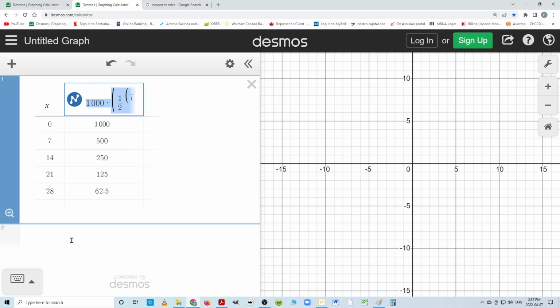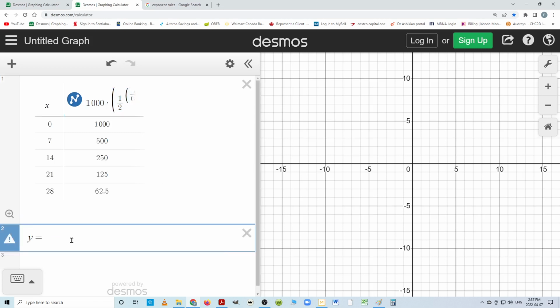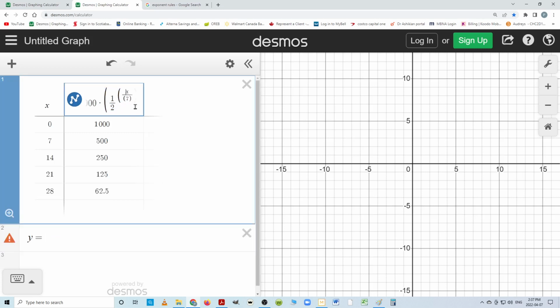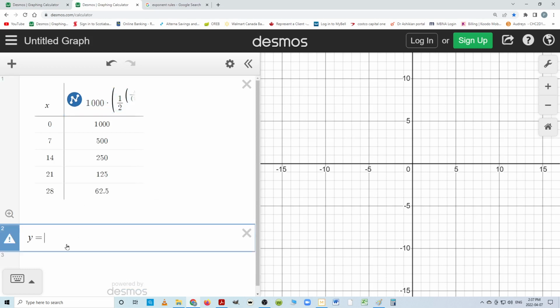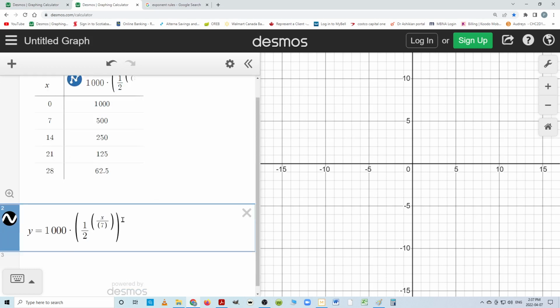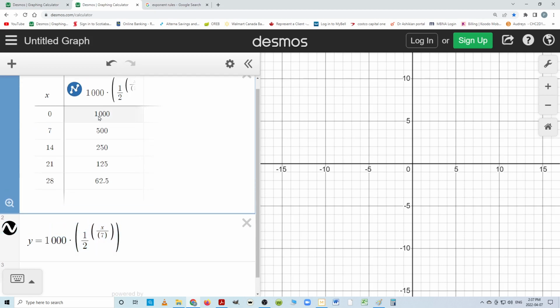Let's put it here. There we go. To express this better, to get an idea, see when x is 7, it divides by this 7 and it becomes an exponent of 1, which is the only time this half becomes a half and then multiplies 1,000, which explains why every 7 x-units this amount decreases.